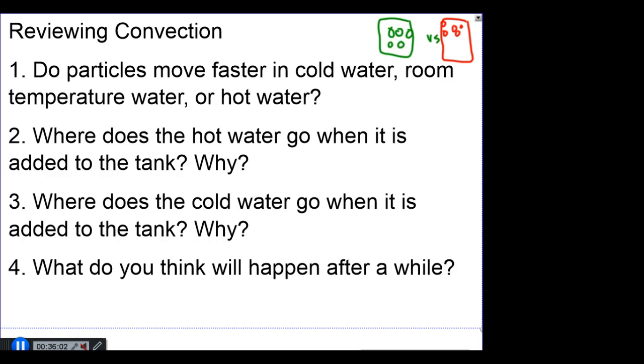Why? The cold water is going to start to rise as it gets warmer. The hot water is going to start to fall as it becomes cooler and more dense. That rotation in the fluid is called convection.